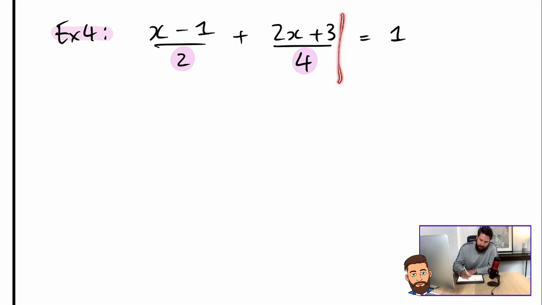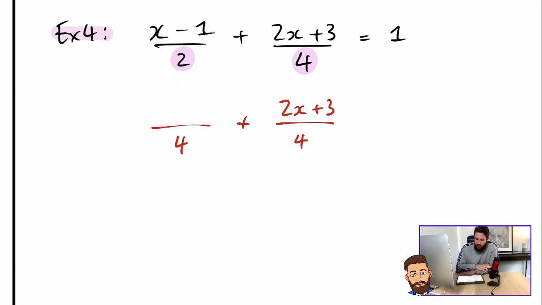If we focus on this, we could make a common denominator, and we could make that common denominator 4, because this is 2 and this is 4. 2 goes into 4, so we should just make this side, first of all, out of 4, plus this side, which is out of 4. We can leave that because it already is out of 4, so this one's okay.